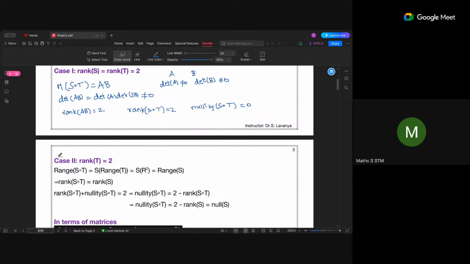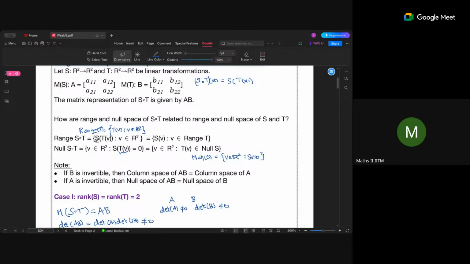Why is that so? Range of S composition T: here you see S composition T is S of T of v, where T of v is in range of T. So all the elements here are in range of T. It means the input here is range of T. How did I write it like this?